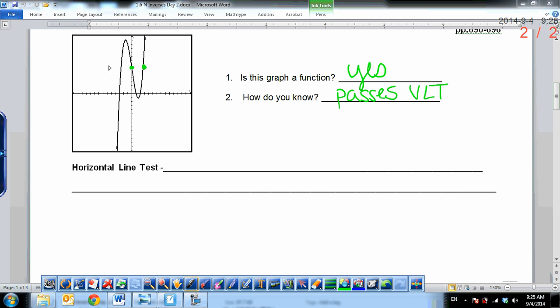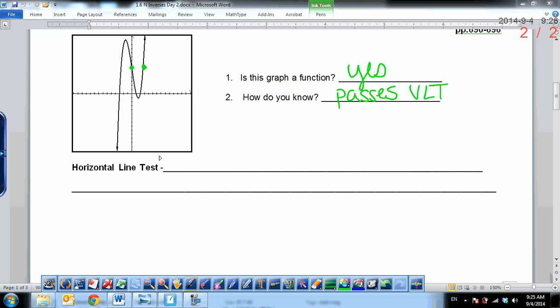Do you see that this fails the horizontal line test? So that tells us that the inverse of this graph is not a function. Okay? So we use the vertical line test for the original. We use the horizontal line test to tell if the inverse is a function.